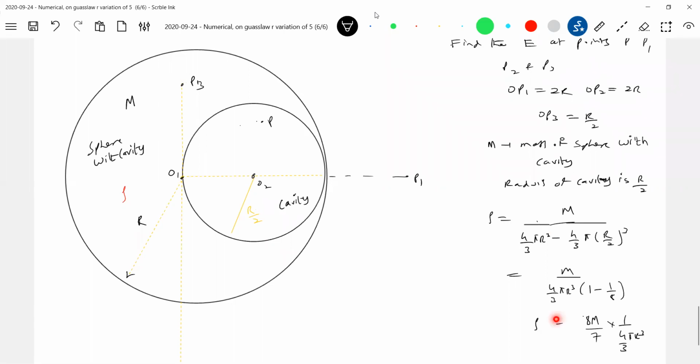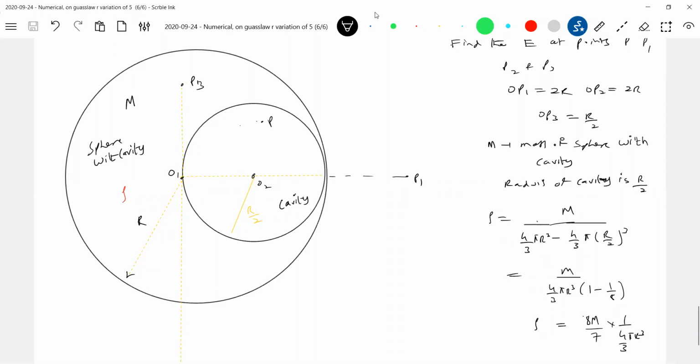Keep the data like this, it will be much useful. 8m/7 into 4/3 pi r cube. Agree with this? That's the overall density of the sphere. Density of the sphere is not m/(4/3 pi r cube) because there is no mass there, so we should calculate the density.